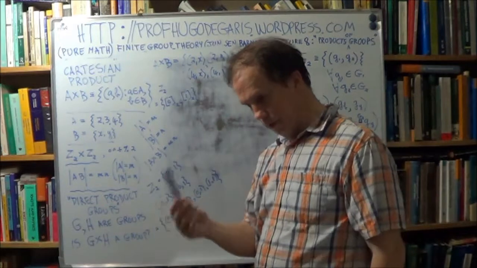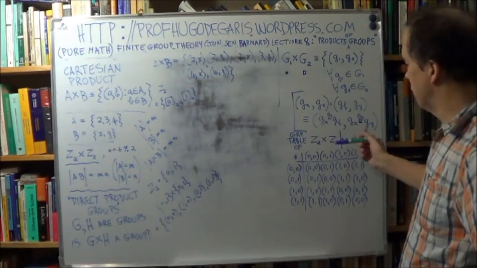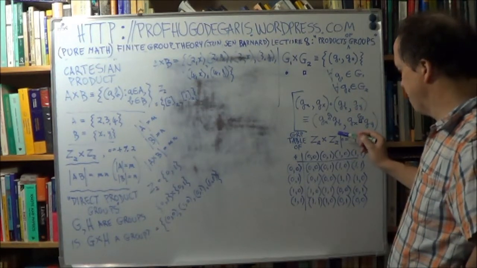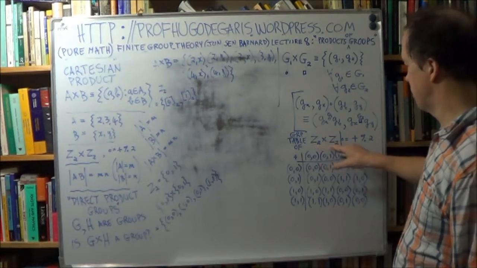Let's do an example of a group table. On what group? Well, let's take the direct product of these two groups.